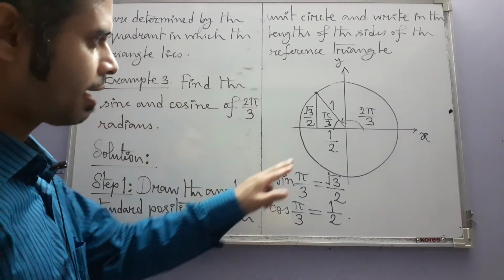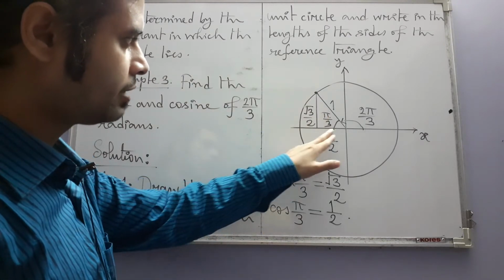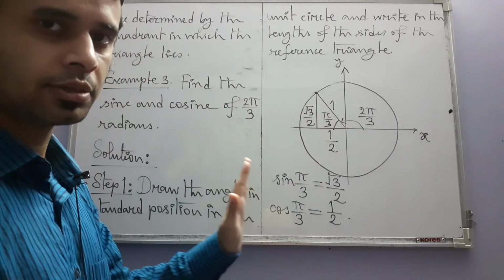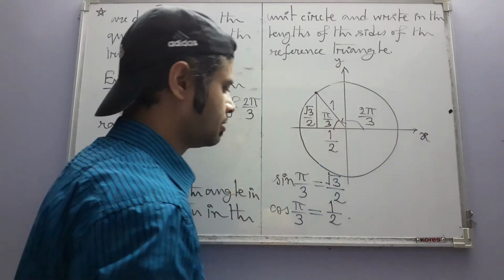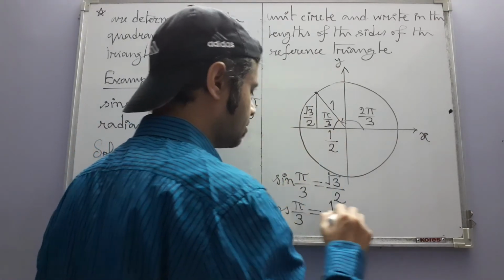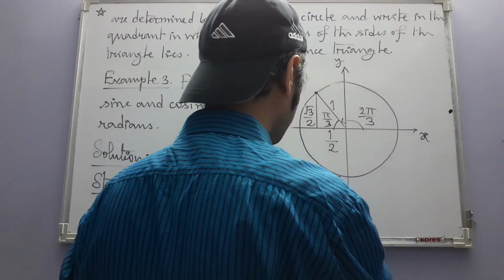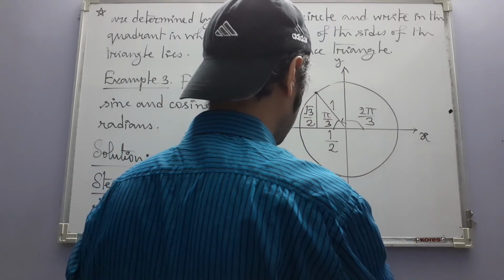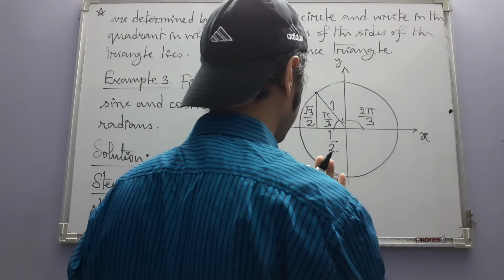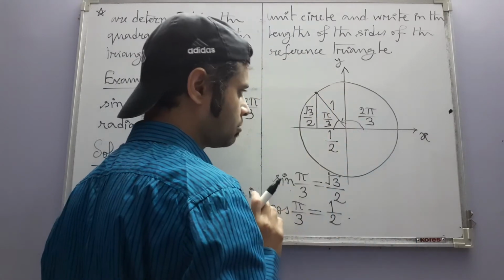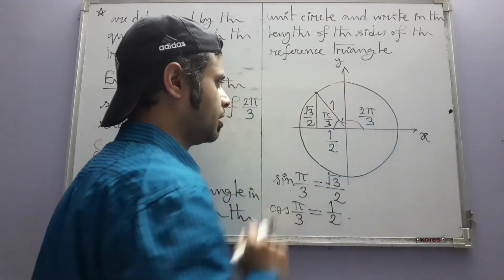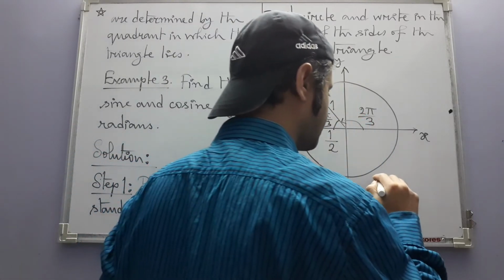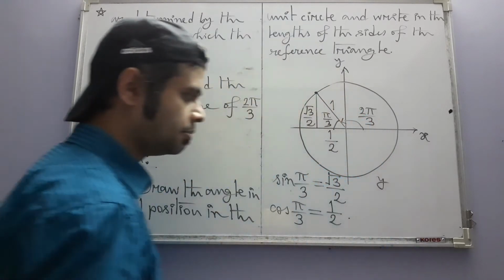Now if you apply your right triangle definition of the trigonometric functions to this triangle with respect to this angle, what is the length of this perpendicular? Say the length of the perpendicular is y.